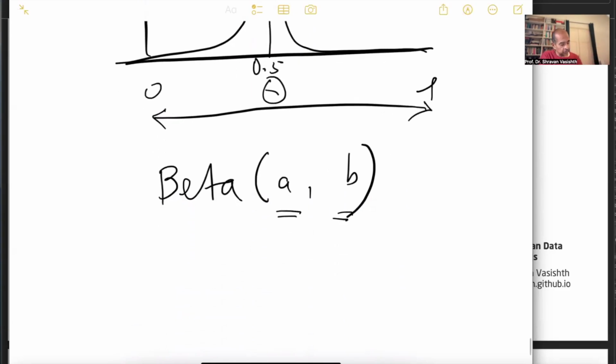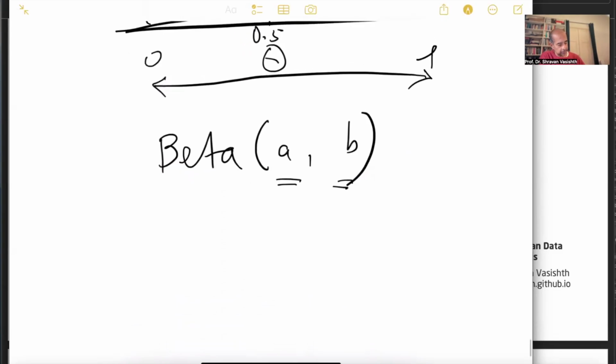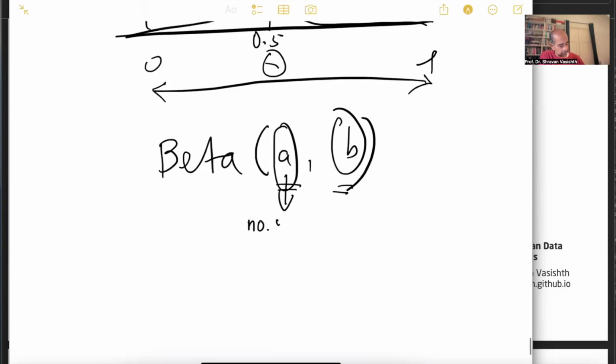The way we interpret the A and B parameters is you can think of A as the prior expected number of successes, and B as the number of failures that you're expecting, right?